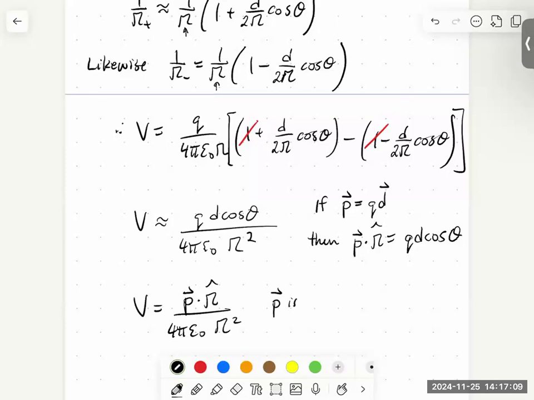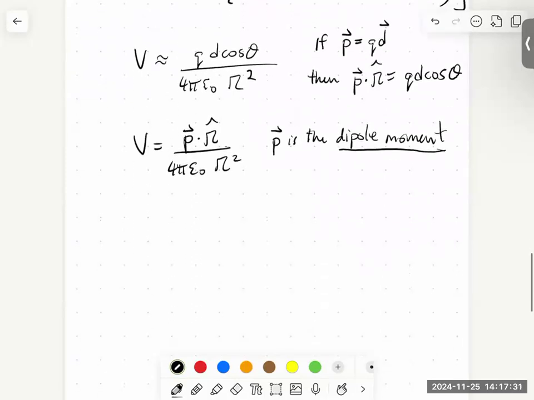P is the dipole moment. Okay, good. So that's essentially the one thing that we need in order to discuss our polarized materials. It's going to be the launching point for our discussion of materials immersed in an electric field.